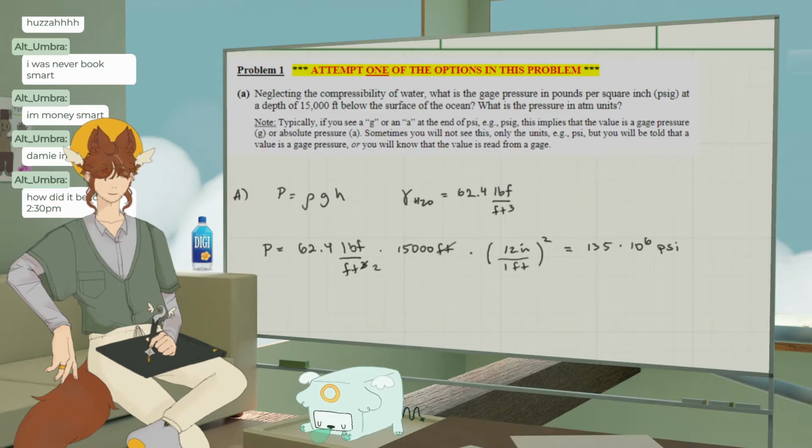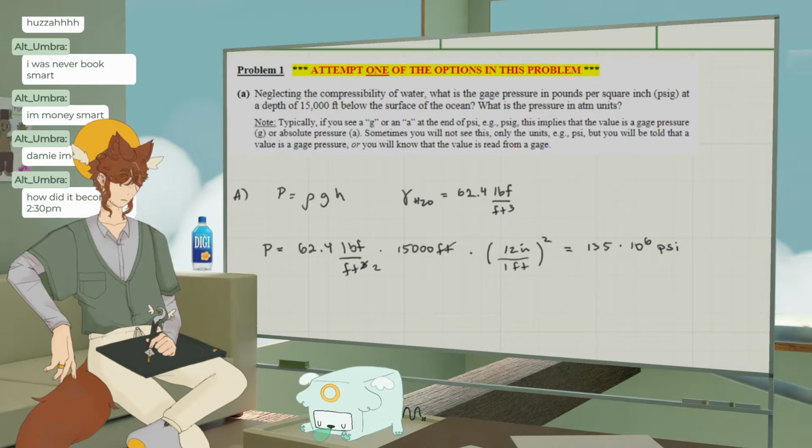Or do I have to turn PSI into pascals? Because that would kind of suck. Let me see. Viscosity, temperature, specific heat. Oh, these are different. Area, power, pressure. Oh, here we go. Actually, easier to find it here.